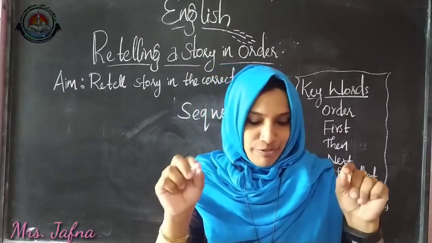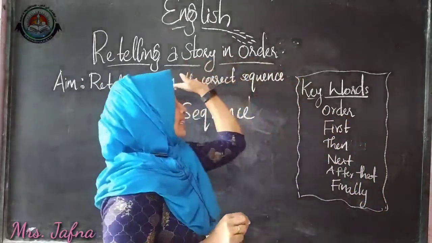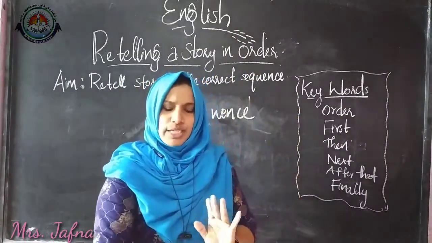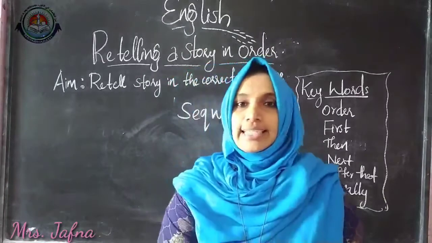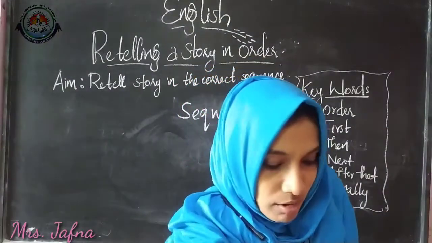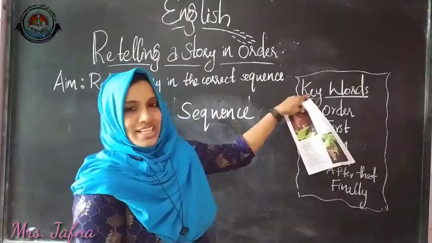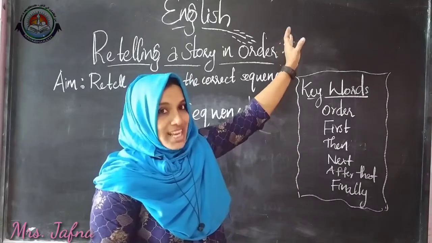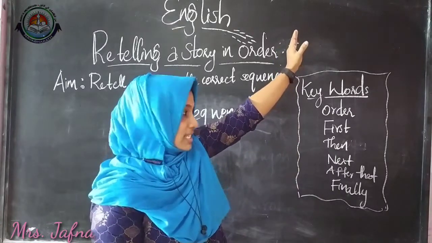So today we are going to retell the story. Retell means tell again. We are going to retell the story Anya and the Dragon by using the order words. See, here you can see the keywords. What are the new words that we have to learn from today's class?